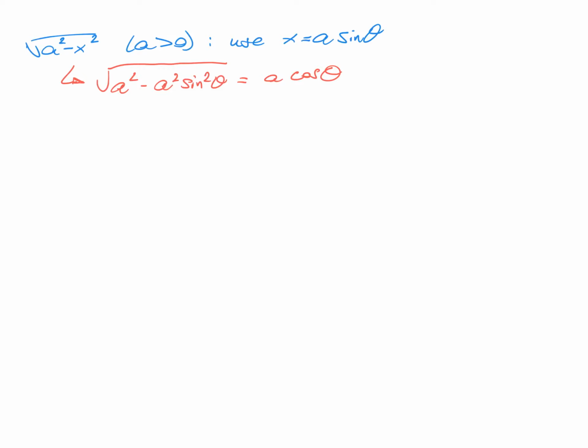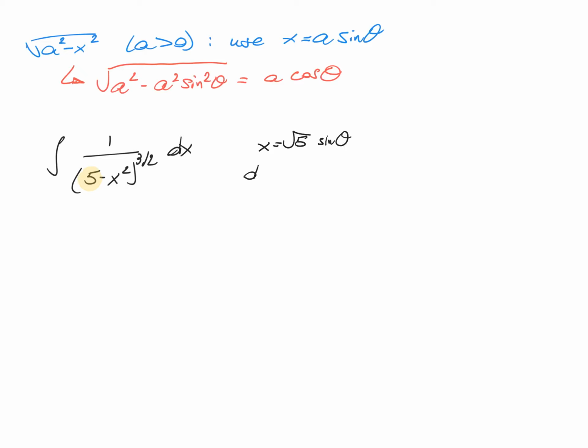Let's apply this to an example. Let's say we want to calculate the integral of 5 minus x squared to the power 3 over 2 dx. So here this 5 is equal to a squared, which means that a is equal to the root of 5. So the substitution that we will be doing is x equal to root of 5 times sine theta.